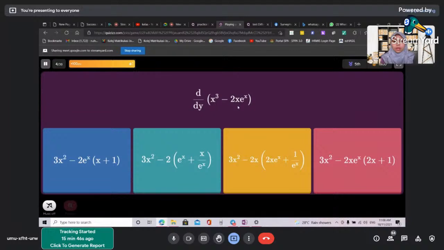Okay, so here you have a function with x power of 3 and 2x multiplied with e power of x. I think the question has a typing error. It should be dy/dx; you differentiate with respect to x. x power of 3 you can differentiate normally, but 2x e power of x you need to use which rule?